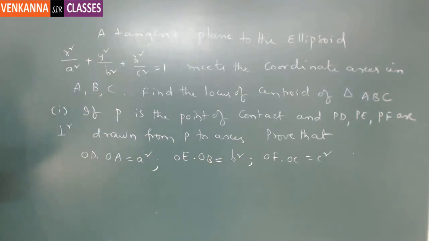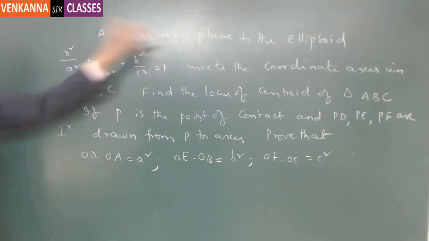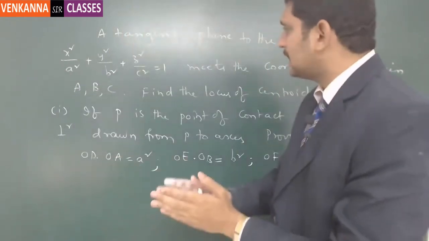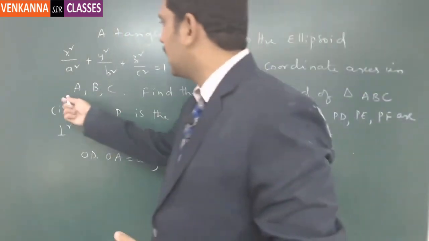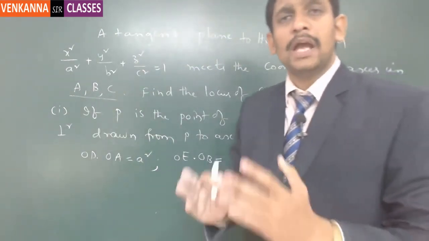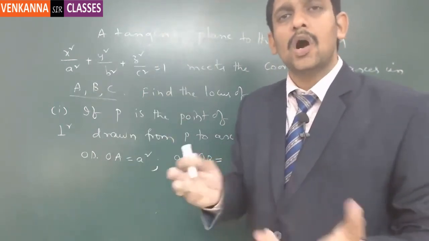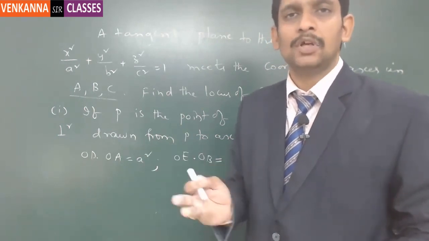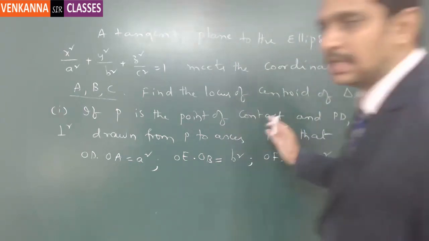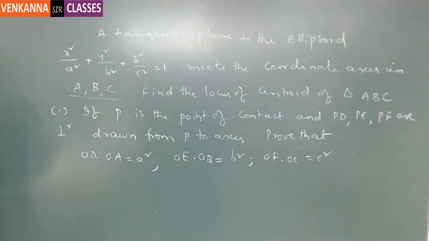For this ellipsoid, we are considering a tangent plane, and the tangent plane will intersect the coordinate axes at the points A, B, C. So whenever you have considered a tangent plane which is cutting the coordinate axes, obviously we will get a triangle. So we have to find the locus of the centroid of the triangle. That is the first part of the problem. Clear? Say yes or no.